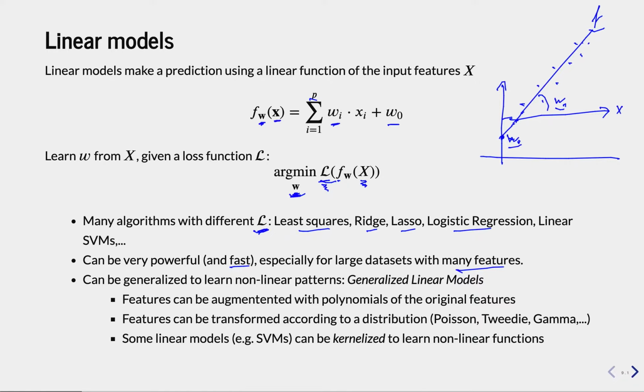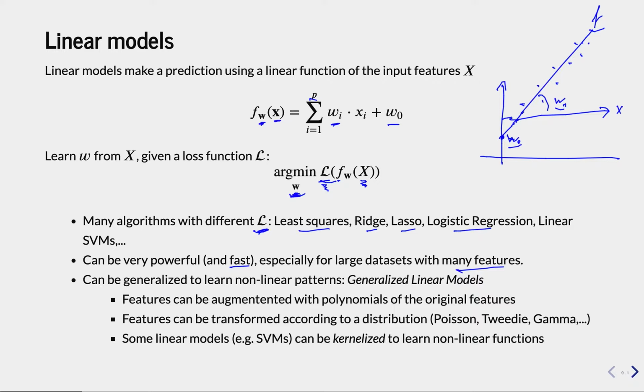But if you have high dimensions, then you have a lot of degrees of freedom, right? And so in a high dimensional space, even a linear model can learn complex relationships between the features. We'll get back to that.